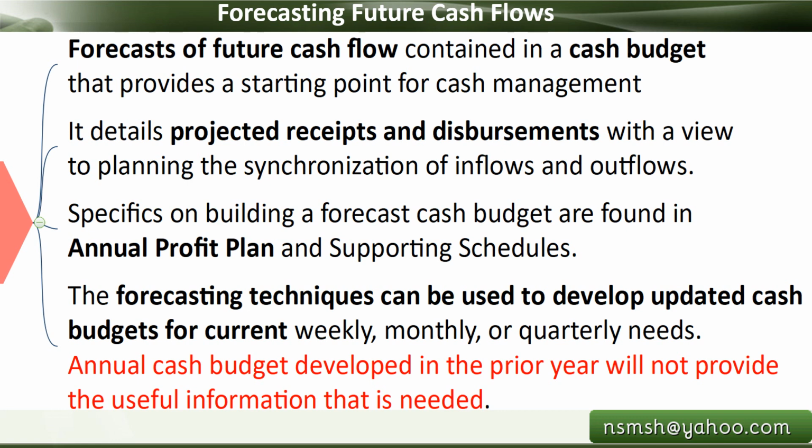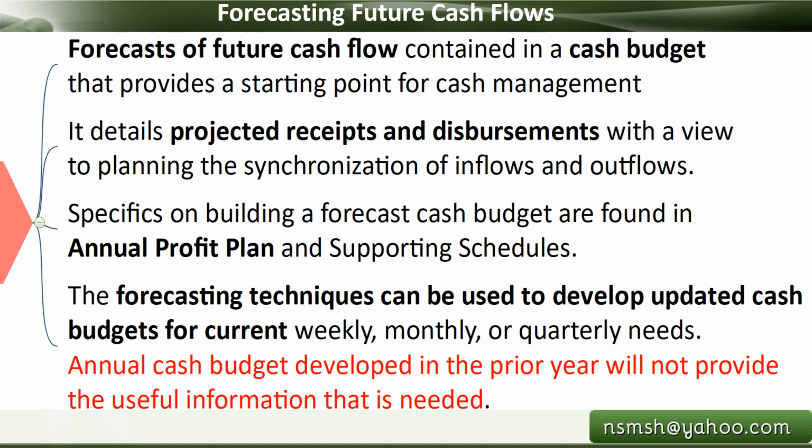It details projected receipts and disbursements, whatever receipts we will have and whatever accounts payable and payments we need to meet, which have to be taken into consideration with a view to planning the synchronization of cash inflows and outflows.